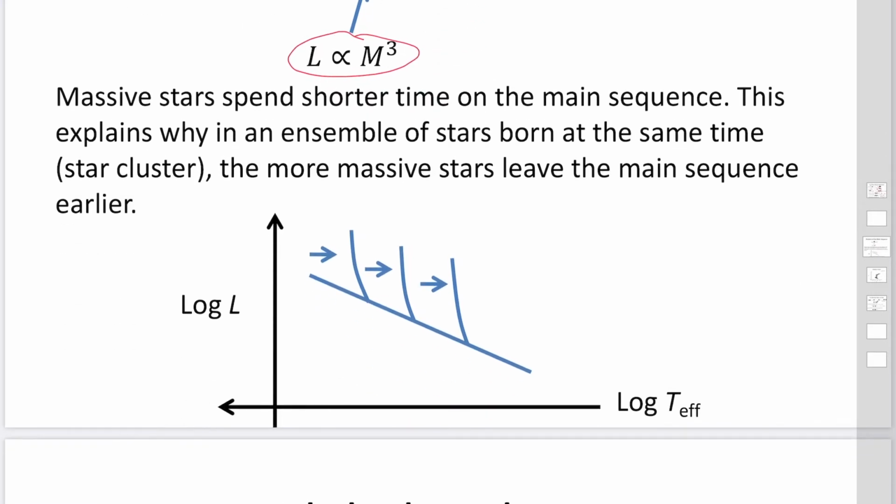So massive stars correspond to high luminosities, and they leave the main sequence earlier. So massive stars are leaving, and less massive stars are leaving later. This is how we find the change of the HR diagrams depending on the age of the star clusters.